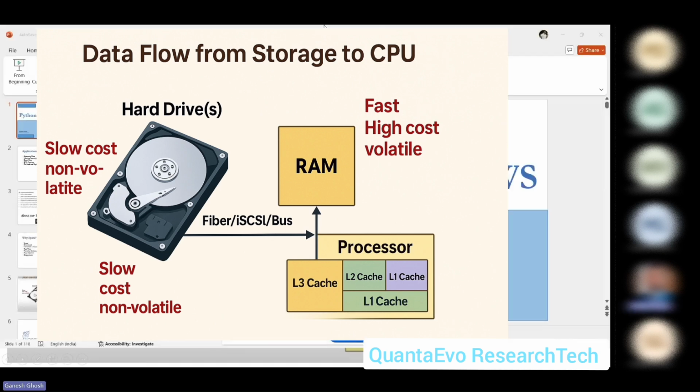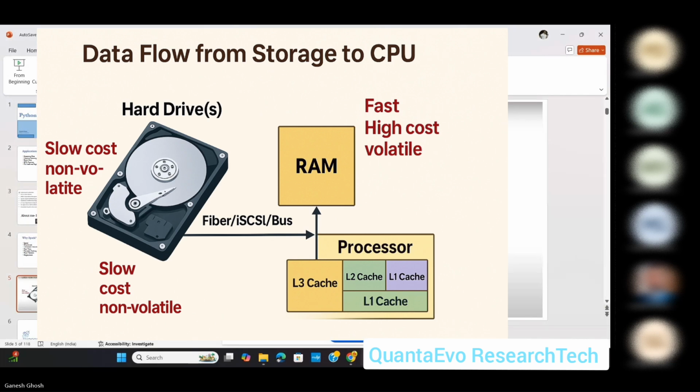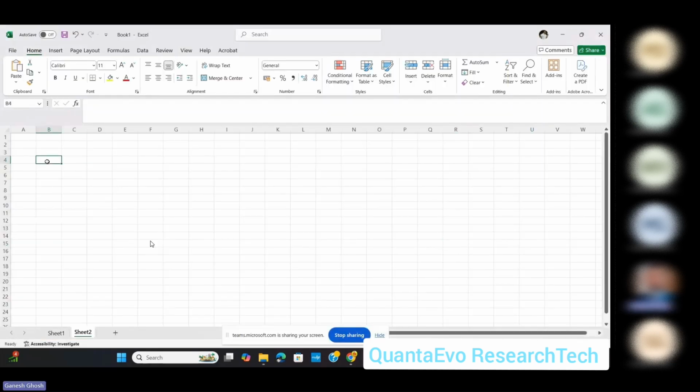We have 10 workers, each with 12 GB of RAM. 10 times 12 equals 120 GB of RAM in total.